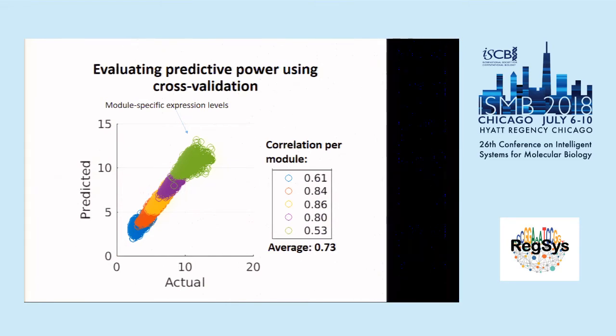To quantify this result, we first find the correlation of predicted and actual expression within each of the modules. And to get a single value for the entire result, we take the average of those correlation values. The reason that we don't use the overall correlation for all genes at a time is that those values tend to be misleadingly high. And we're interested in making sure that we're capturing the variance as well as the mean.